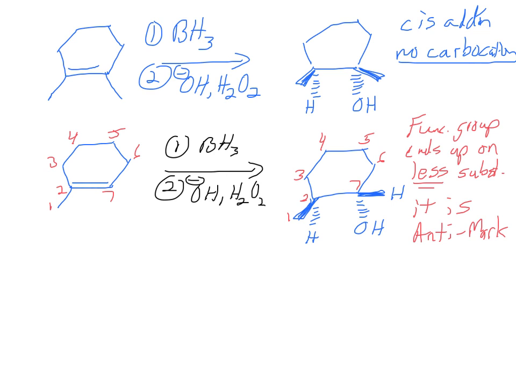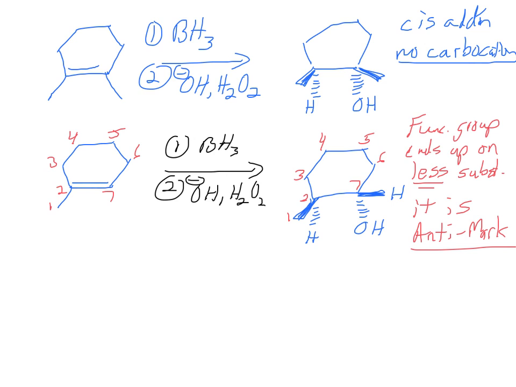The product is an anti-Markovnikov product. That's what we call it. The functional group ends up on a less substituted carbon. We call that anti-Markovnikov. Some Russian guy got these products named after him.